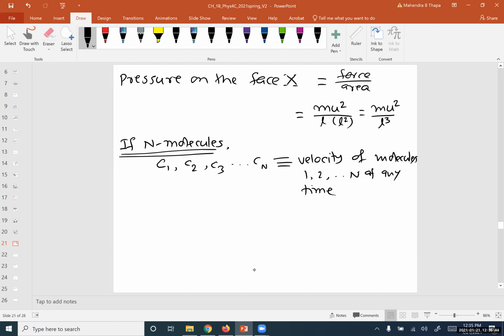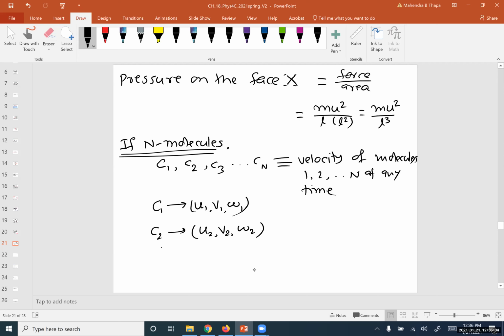So as before, you see that C1 has altogether 3 components. We say that is u1, v1, w1, the x, y, z components. Similarly, C2 has again 3 components, u2, v2, w2.